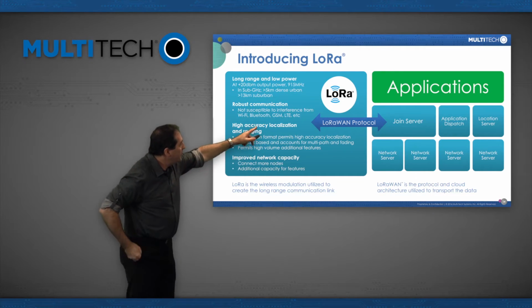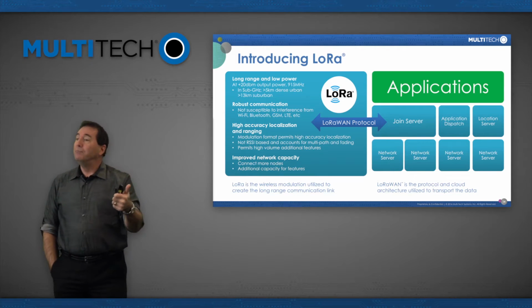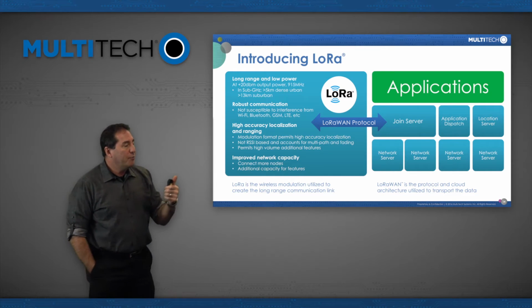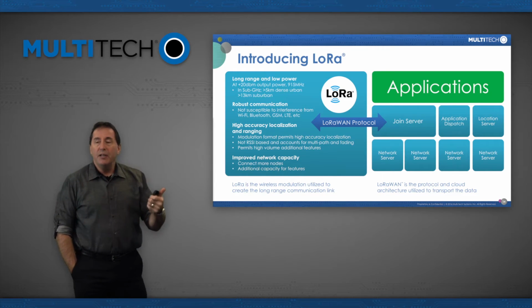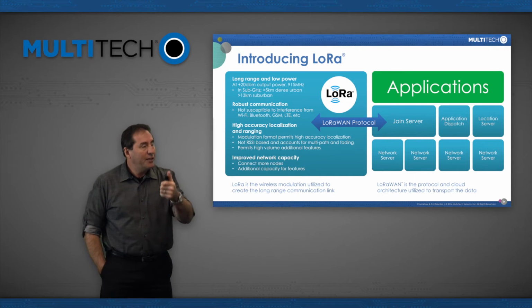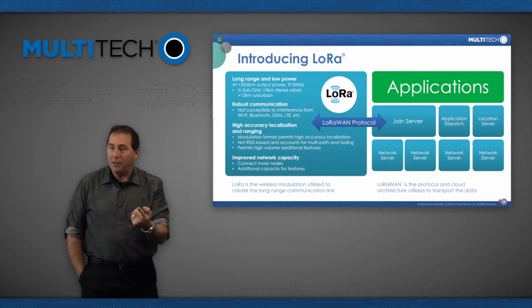There's some other entities in the cloud as well. There's the join server. The join server is the element that is asked when a device wants to join a network. It is asked to do two things. To say yes, you can.